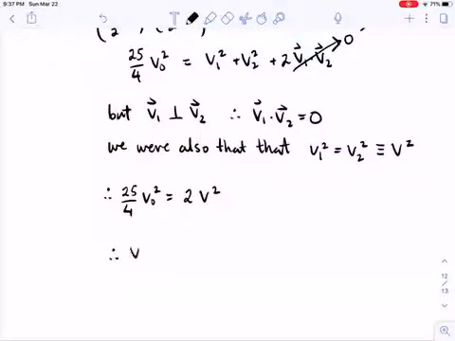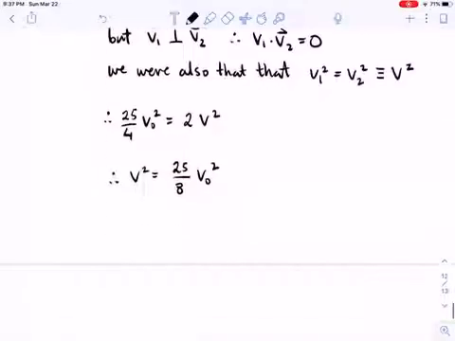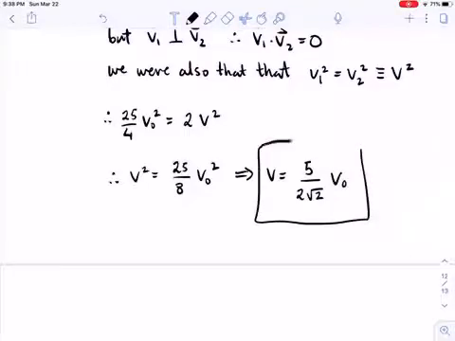And so therefore v squared is equal to 25/8 v0 squared. Taking the square root, v is equal to, so square root of 25 is 5, square root of 8 is square root of 2 times the square root of 4, which is 2 root 2, v0. And so that is the speed of the two fragments of the rocket that move perpendicular to one another.